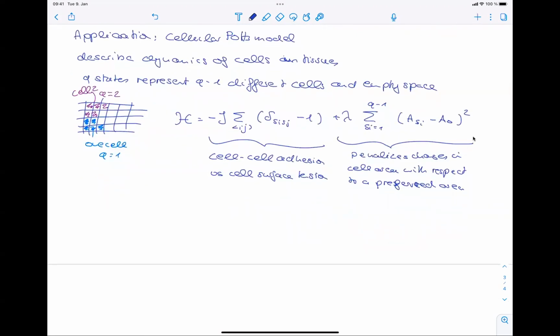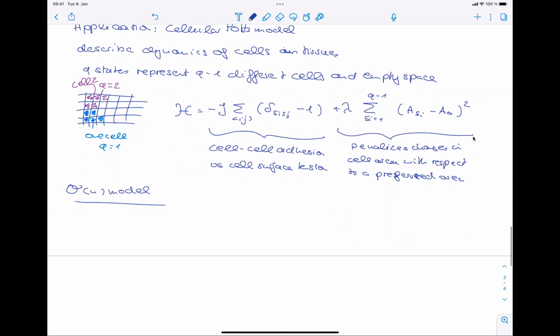Just to add one more model, the O(n) or Heisenberg model, to your list. It's a generalization, where we now think of an n-component unit vector at each lattice site.